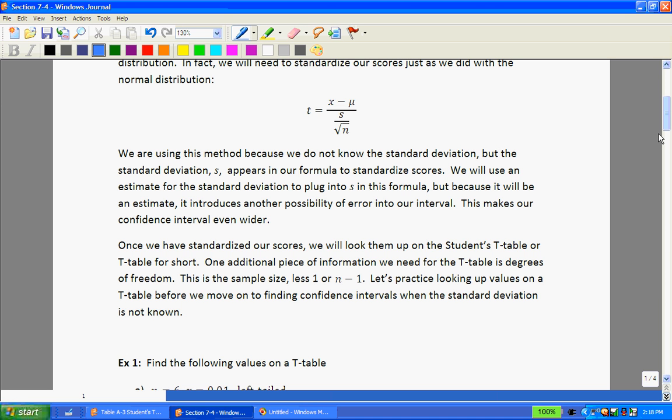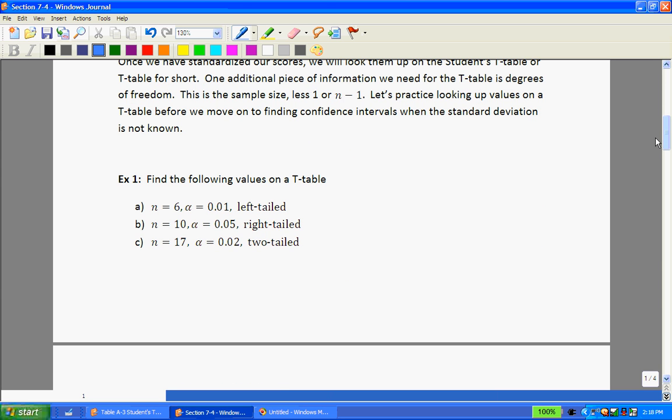So before we get to worrying about confidence intervals, let's practice looking up values on a t-table. So example 1, find the following values on a t-table. Example A, n, the sample size is 6, alpha is 0.01, and this is going to be left-tailed. Now, it's a good idea, just as we did with the standard normal, to go ahead and draw a picture.